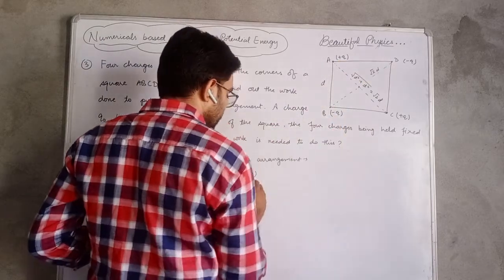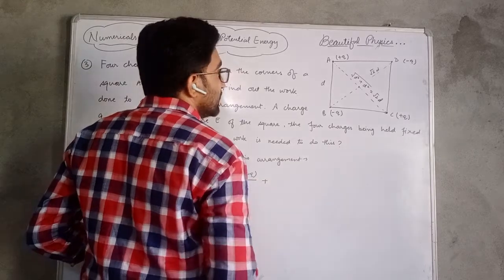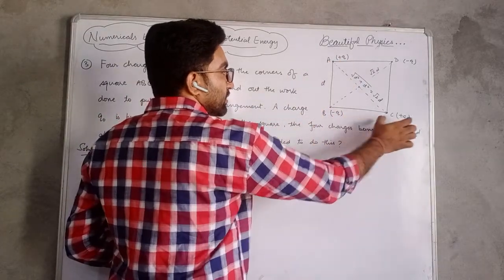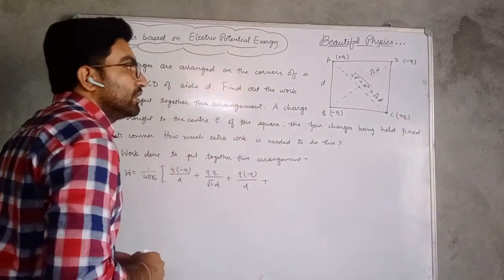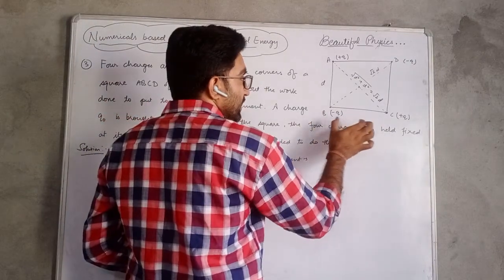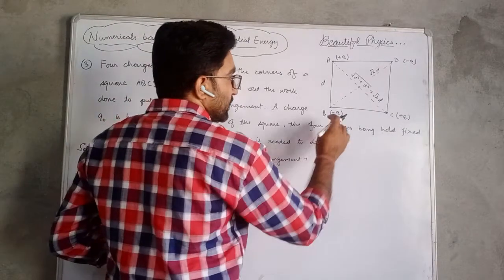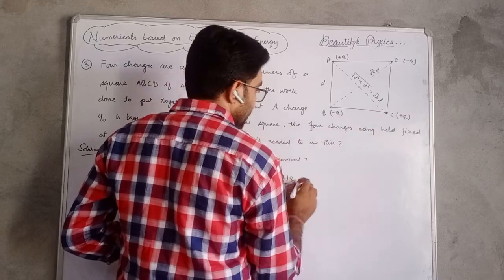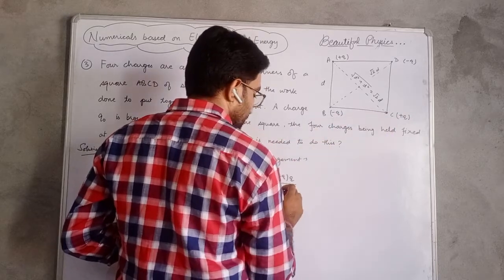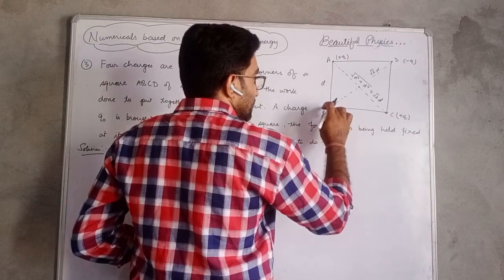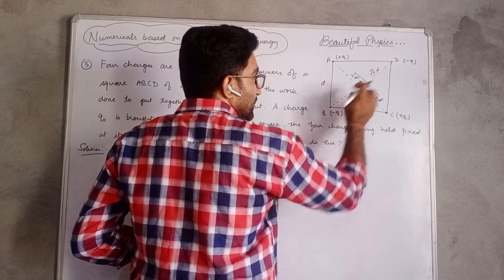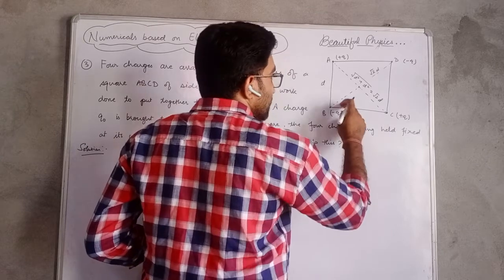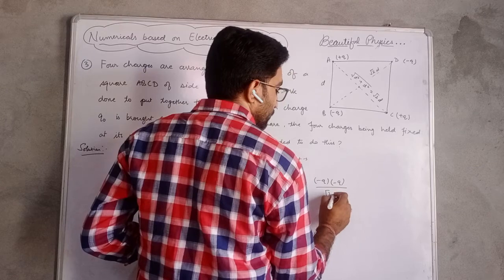Here the distance AD is equal to small d, plus this is the potential energy due to charge A at the points B, C and D. Okay, now we have to write the potential energy due to B at points C and D, and it will be equal to the multiplication of the charges, minus Q into Q, by the separation between the charges, small d, plus the potential energy for the configuration B and D, and it will be equal to minus Q into minus Q divided by the separation BD, and BD is equal to square root 2 d.